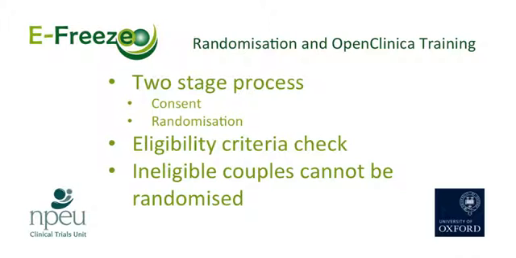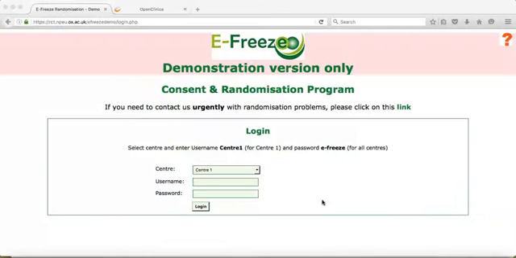In order to enter data, we need to log in to the NPEU's randomisation website. For this demonstration, I will use our demonstration site at rct.npeu.ox.ac.uk/eFreeze demo. This mirrors the real site, but has a pink banner at the top showing clearly demonstration version only.